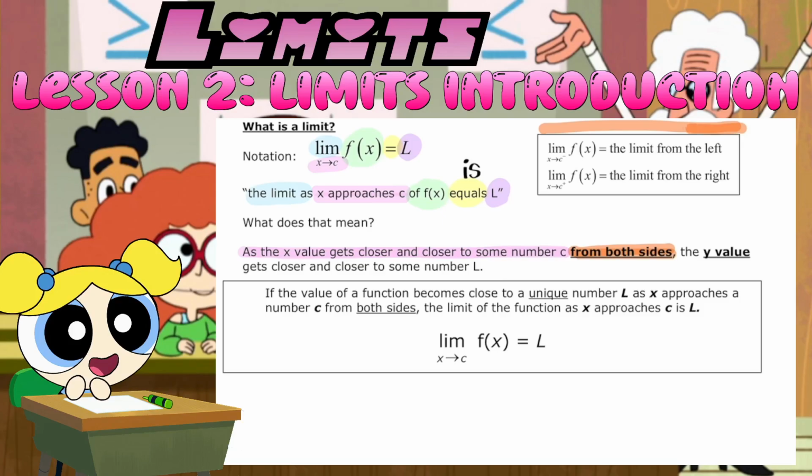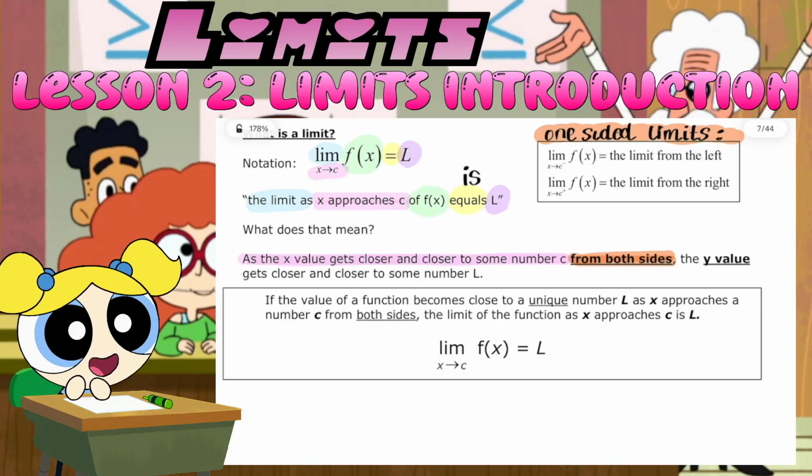What am I talking about when I say from both sides? So here, this table, actually, it's a little messy. So I'm going to label this with the title, and this is going to read one-sided limits right over here.